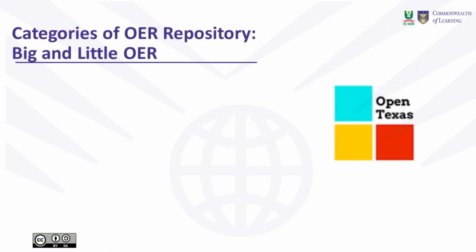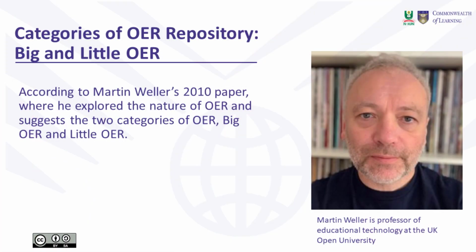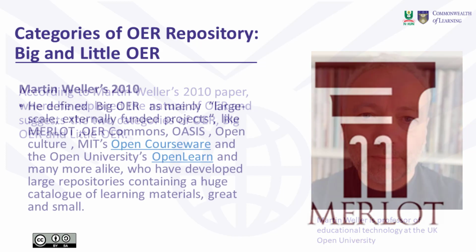Categories of OER repository: big and little OER. According to Martin Weller's paper in 2010, where he explored the nature of OER, he suggested two categories of OER, the big OER and the little OER.